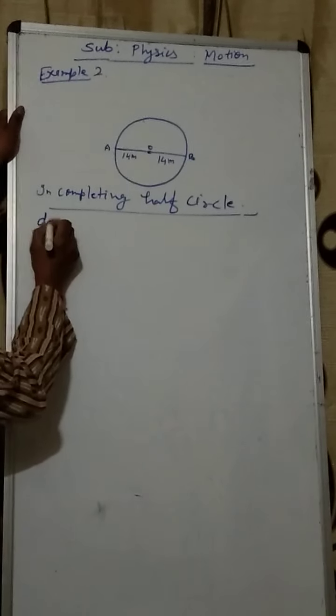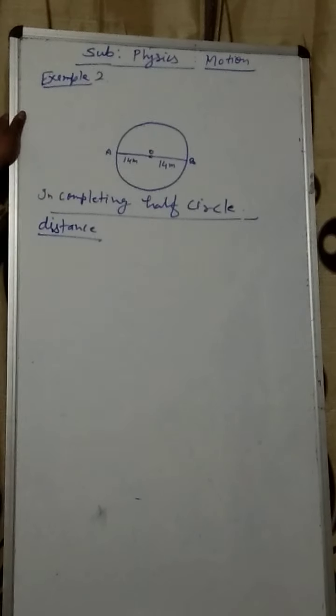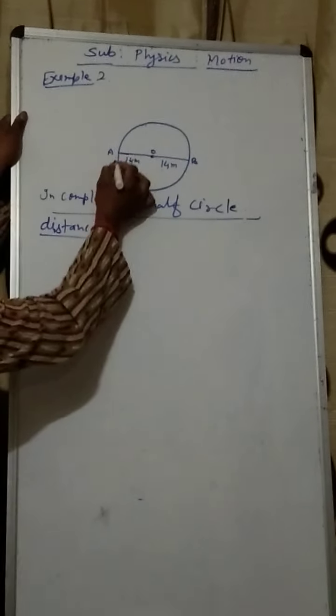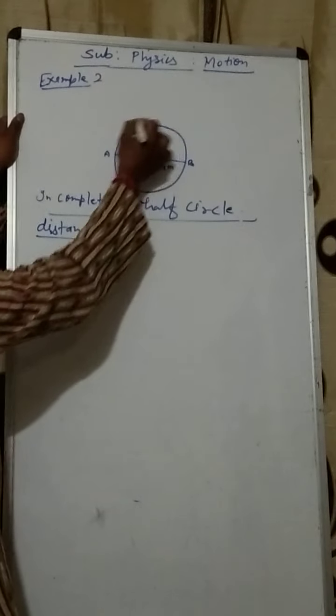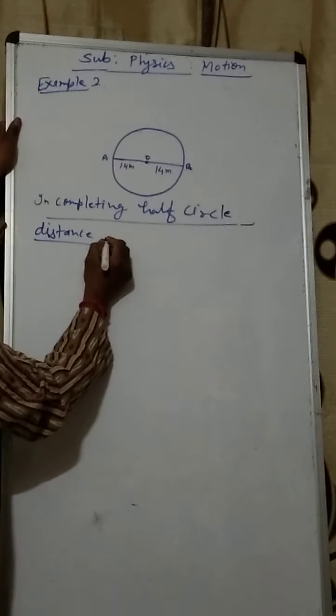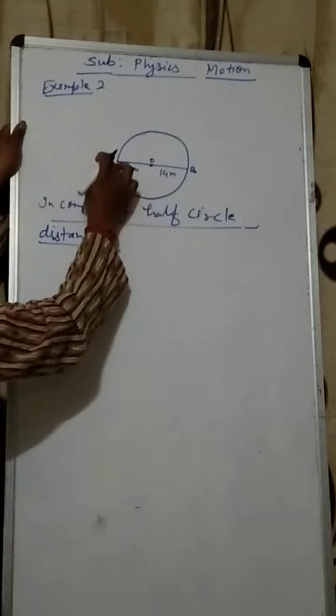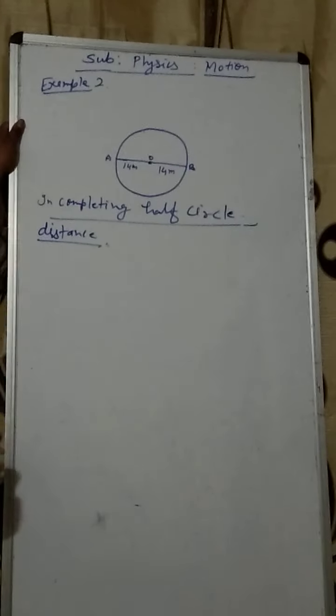if we talk about the distance in the half circle, in the circular path, this circular outline is known as circumference, and the half circle means A to B. This is half of the circumference.